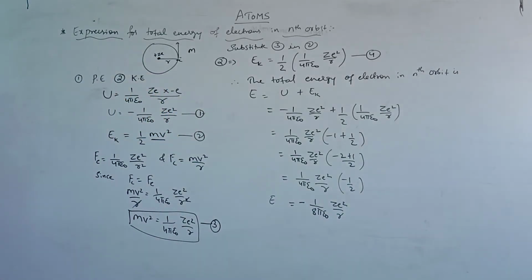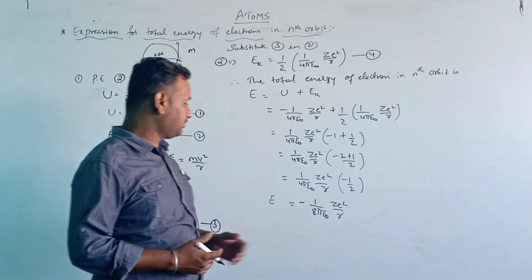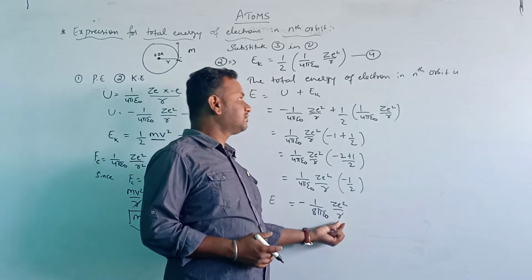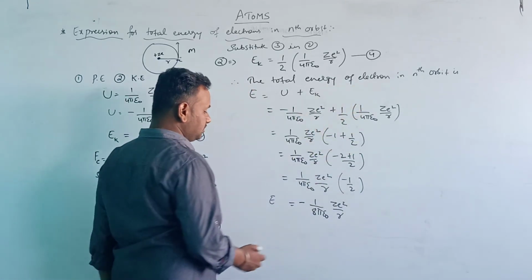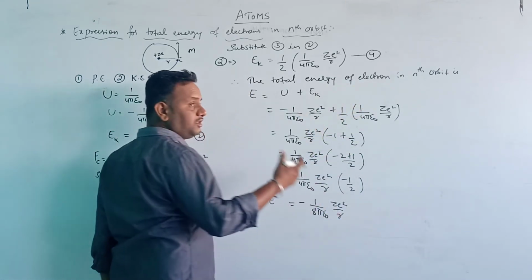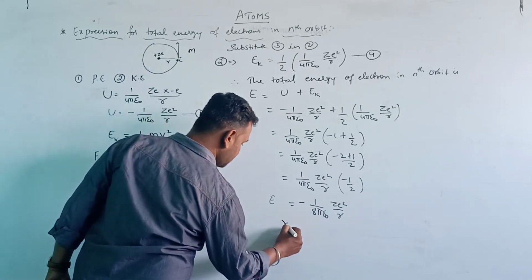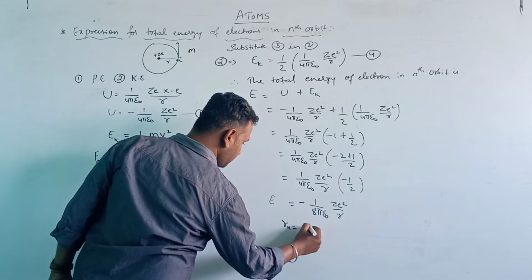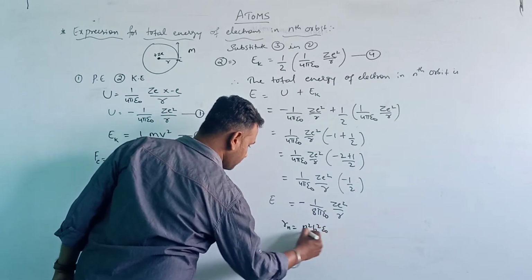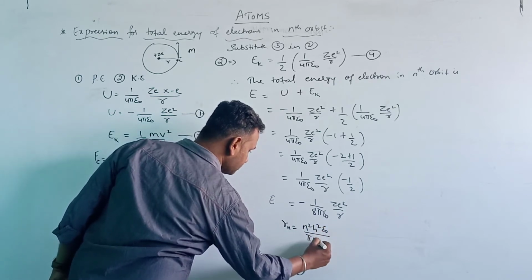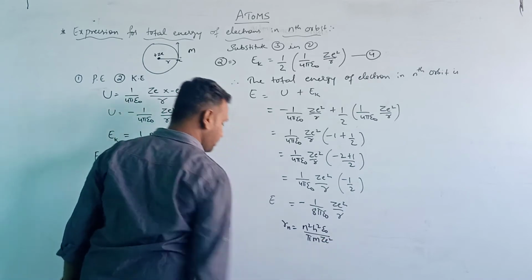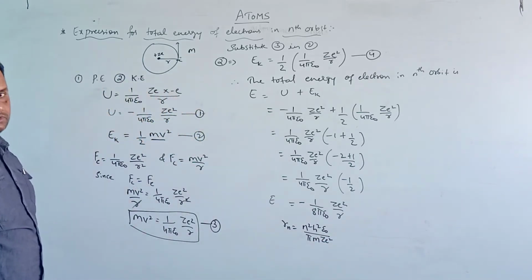Okay. So as we have derived already, we have an expression for the radius. For the nth orbit, we are saying R is the radius for the nth orbit. So we know that Rn is equal to n square h square epsilon naught divided by pi m Z e square.